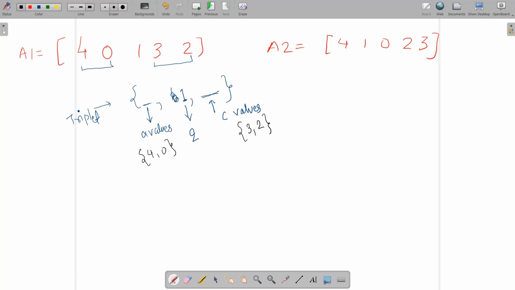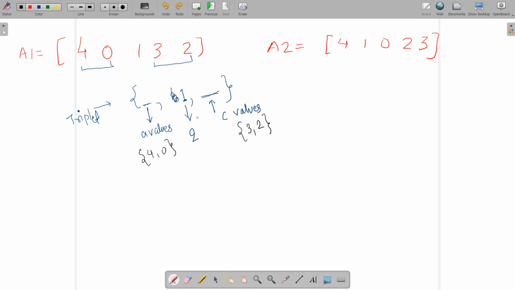So when we choose any triplet, with B as 1, it becomes 4 1 2, or 4 1 3, or 0 1 3, or 0 1 2. There are 4 possible ways to choose this triplet. But we are not interested in enumerating them.